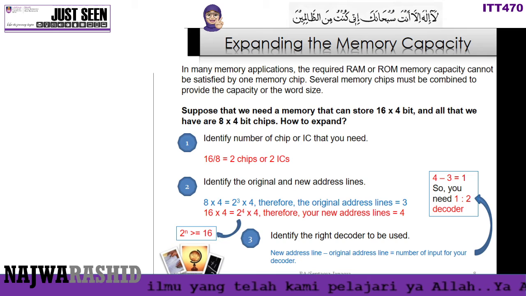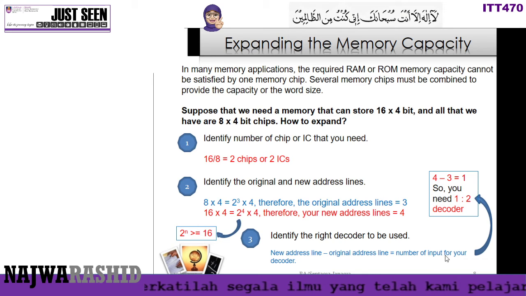After that, you need to identify the right decoder to be used. What type of decoder can you use for your circuit? So how to find the right decoder? You need to identify the number of inputs for your decoder first. You can use the formula new address line minus original address line. Your new address line is 4, so 4 minus 3 equals 1.